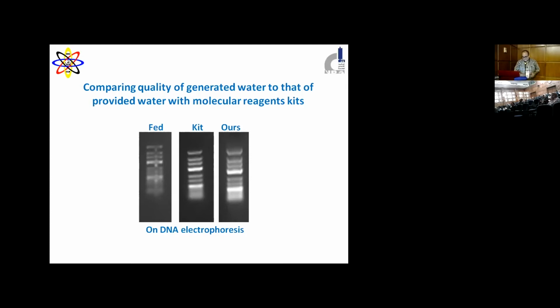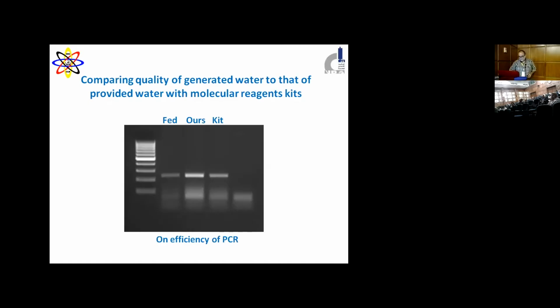We thought that this is by chance. Okay, let's do something else. At that time, we had established PCR reactions to detect whatever viral nucleic acid or bacterial nucleic acid. And we used the 3 different water samples or water sources in the PCR reaction mix.